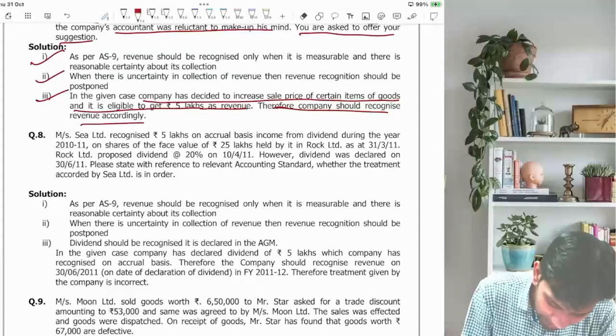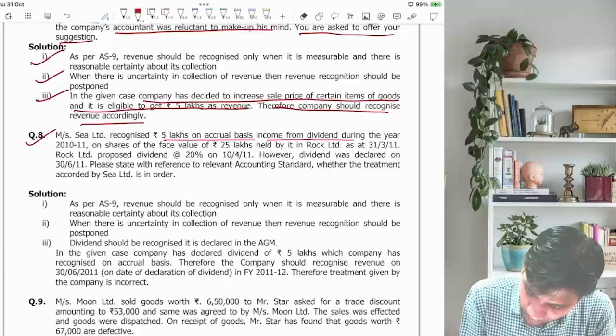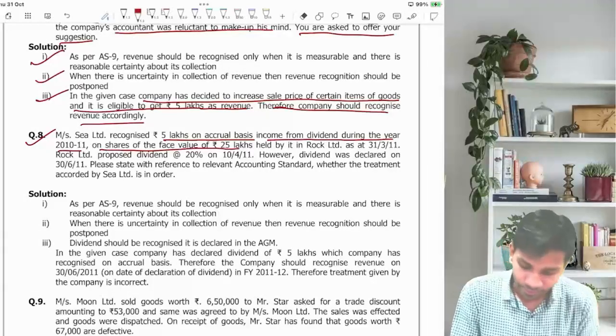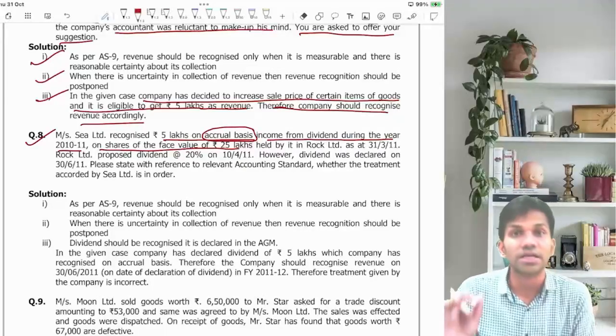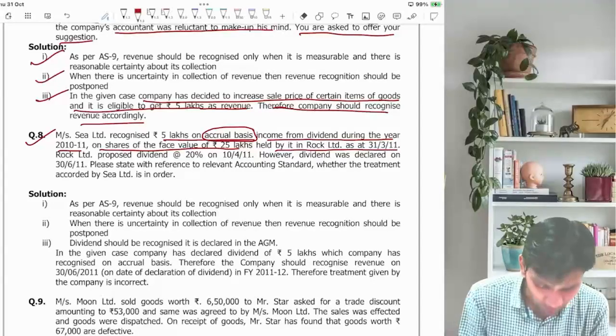Now, let's go to question number 8, guys. Messrs. C Limited recognized 5 lakhs on accrual basis as income from dividend during the year 10-11 on shares of face value of 25 lakhs. Again, dividend recognized on accrual basis, which is wrong. We should recognize it when it is declared in the AGM. Shares held by it in Rock Limited on 31st March 2011.